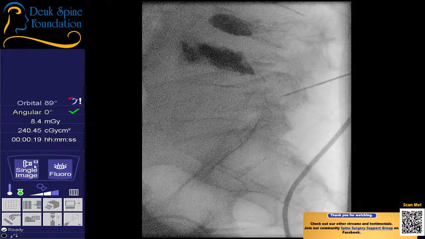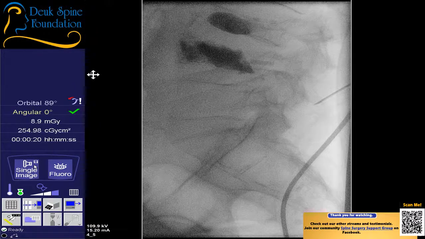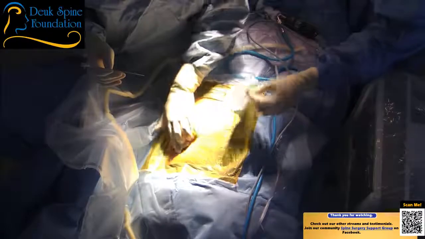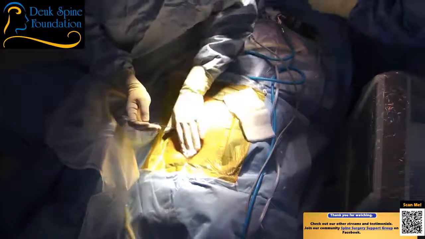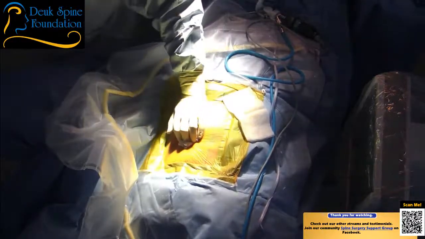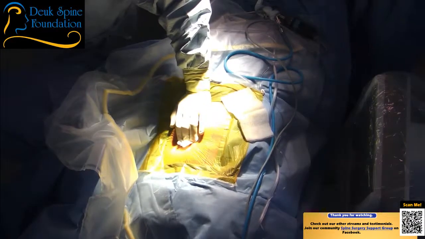Shot. Shot. Just really bumping up against his iliac crest. That's the problem right now. So there's a very narrow window to get in, and it's limited by the iliac crest superficially and the facet joint deep.